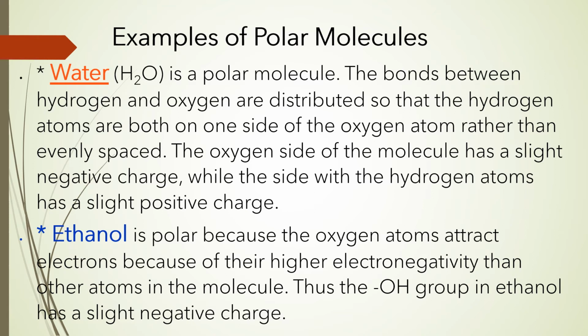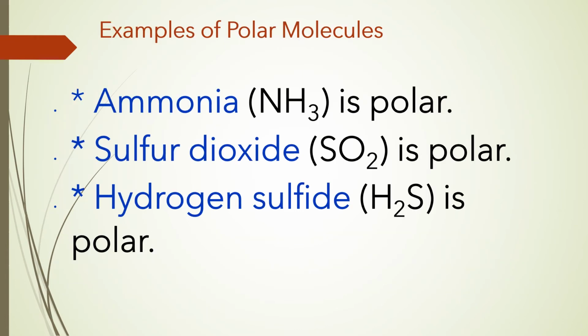Ethanol is also polar because the oxygen atoms attract electrons because of their higher electronegativity than other atoms in the molecule. Thus, the group of oxygen and hydrogen in ethanol has a slight negative charge. Also, you have ammonia, sulfur dioxide, and hydrogen sulfide. So these are all examples of polar molecules.